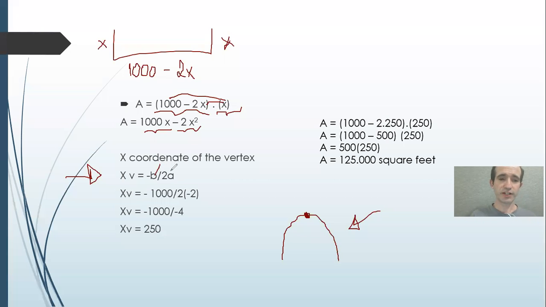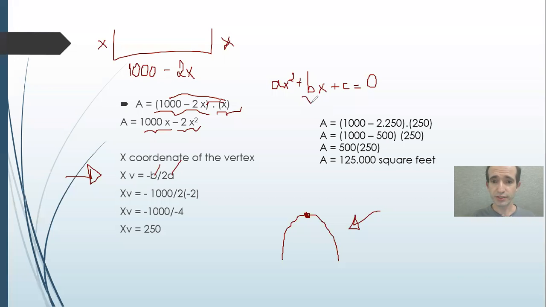Minus b divided by 2 times a. Remember that in a standard equation, you have a x squared plus b times x plus c equals 0.